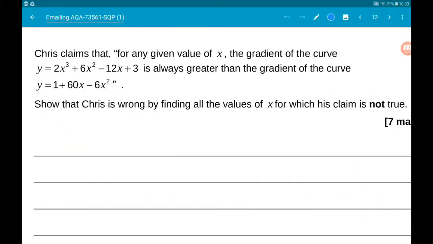Okay, question 11. We have a nice 7 marker which is going to involve differentiation and quadratic inequalities.